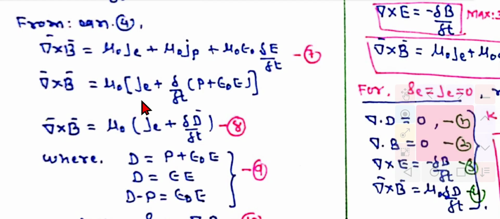Then mu 0 times Je plus del E by del T, because what is the value of Jp?